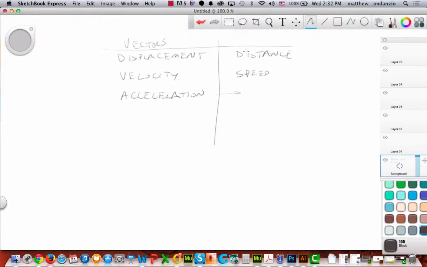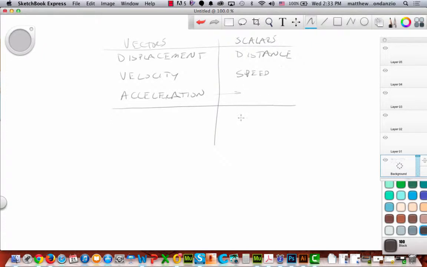The difference between vectors and this right column, they're called scalars. Does anyone know what I mean between vectors and scalars, what the differences are between the two? There's something with scalars and like math. Mm-hmm. But I don't know what it is. Okay. Anybody else have an idea? Thoughts?